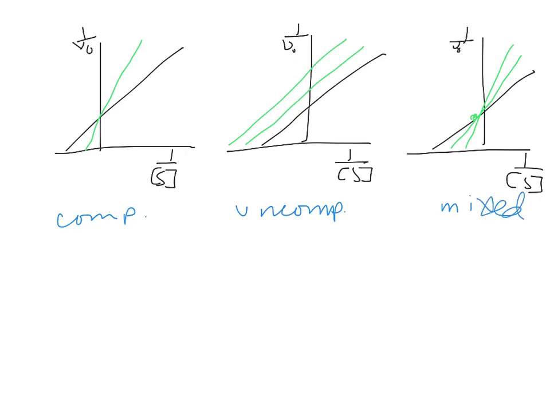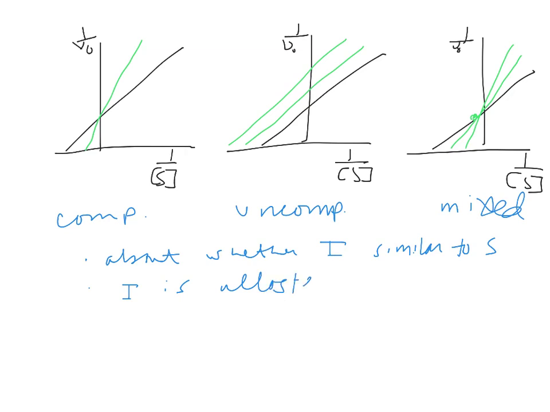So again, what is really nice about the Lineweaver-Burk is that as long as you can see how the lines are related to each other, you can easily identify competitive, uncompetitive, and mixed. And then you can say something about whether I is similar to S, whether I is an allosteric effector, whether it's homotropic or heterotropic.